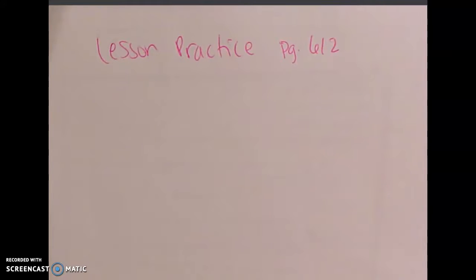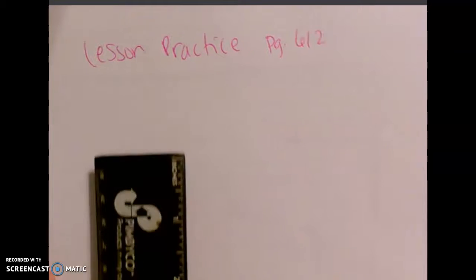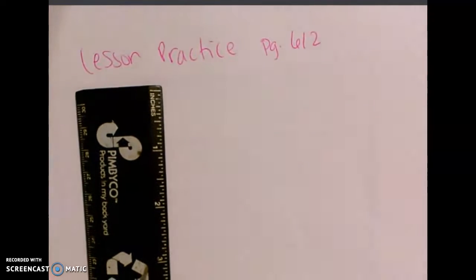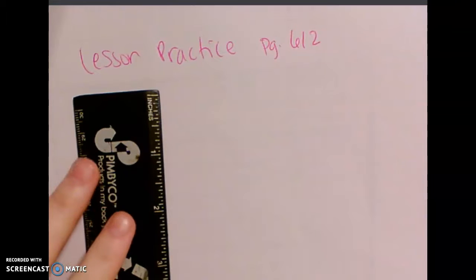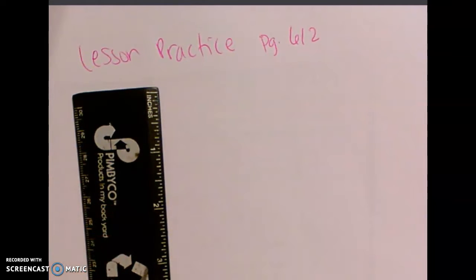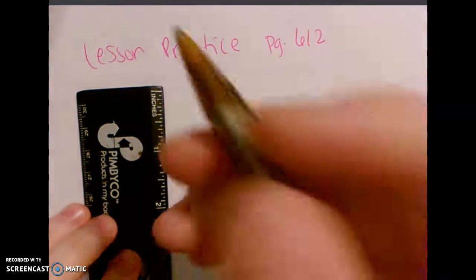All right, so the first thing that I am going to do, I'm going to get a ruler here. And anytime you make graphs, please use a ruler. If you do not have a ruler handy, use the edge of a book or a piece of paper.